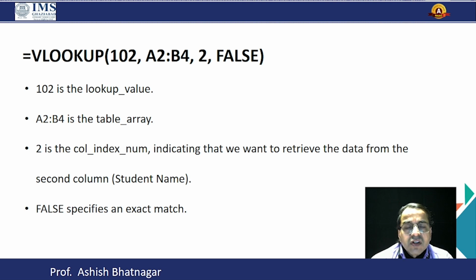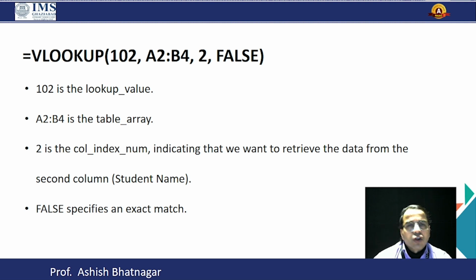Comma 2 is the third argument, the column index number, indicating that we want to retrieve data from the second column, that is, the student name. And false specifies an exact match. Yes, I want to find the exact match.